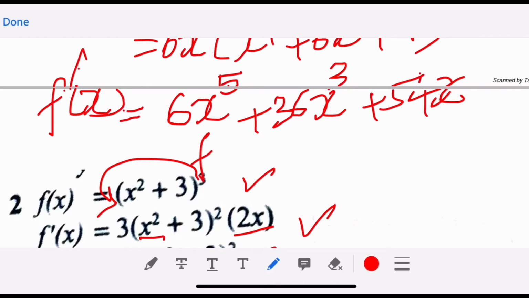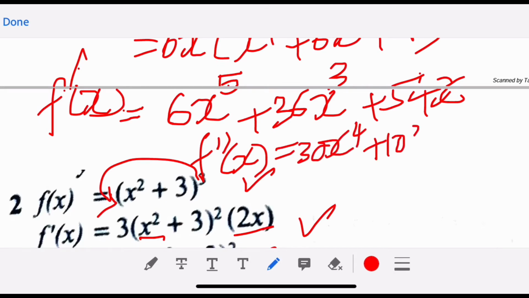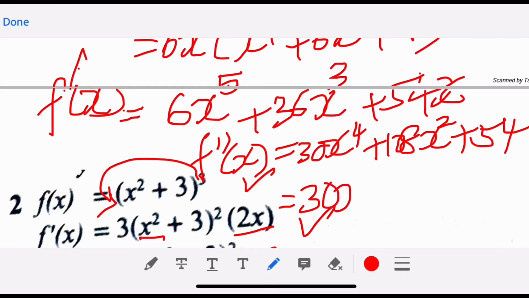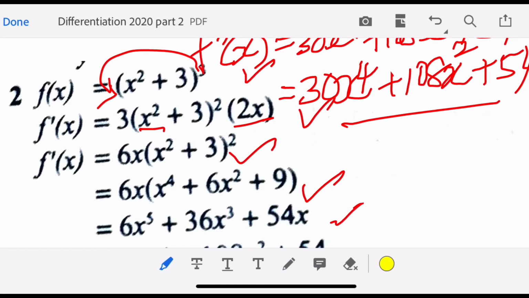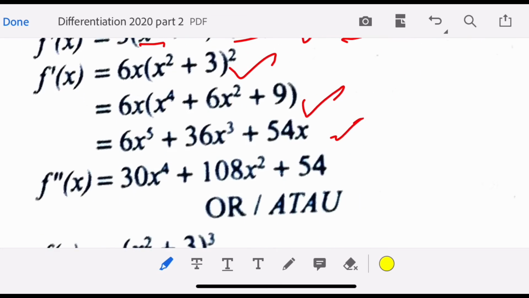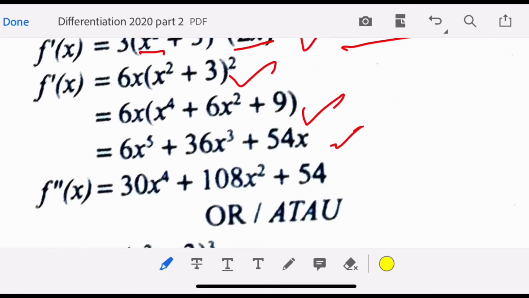So now f double prime x equals 30x to the 4 plus 108x squared plus 54. This is the answer for the second derivative. Let's check the answer: 30x to the 4, correct. This is the right answer.